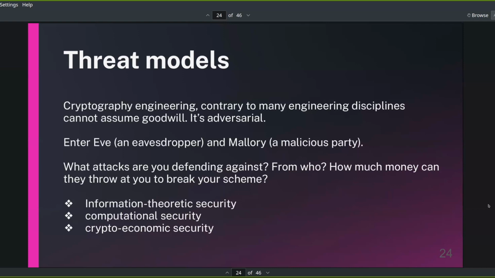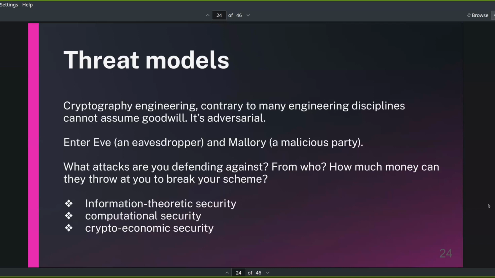So usually in cryptography, you have Alice and Bob, who are the people that want to establish a secure connection, want to talk to each other, want to verify that they are who they claim to be. Then we have the other personas, Eve, the eavesdropper, and Mallory, which is a malicious party.